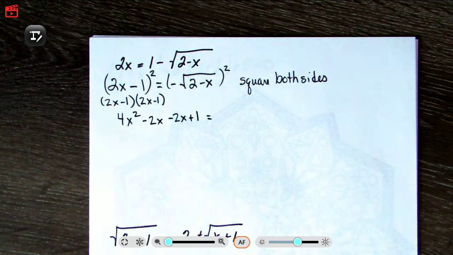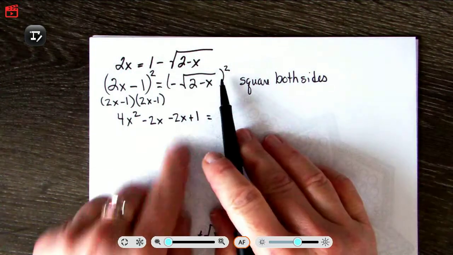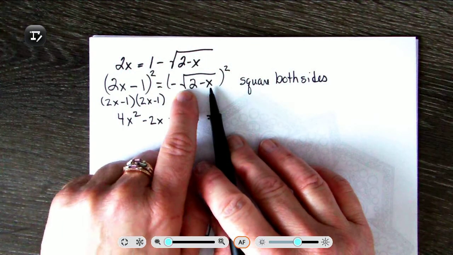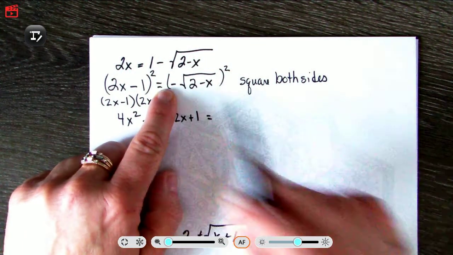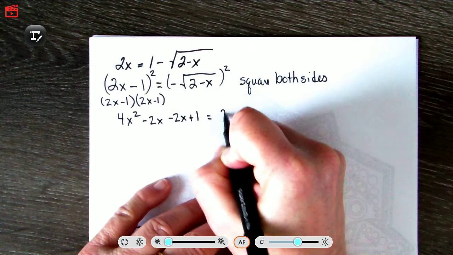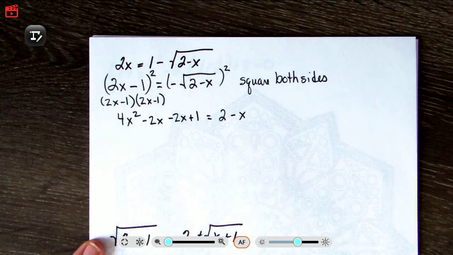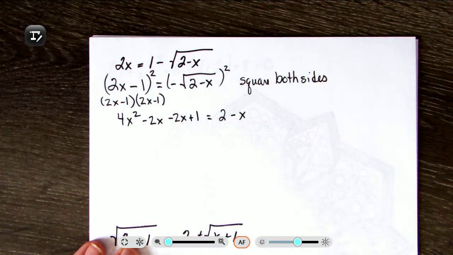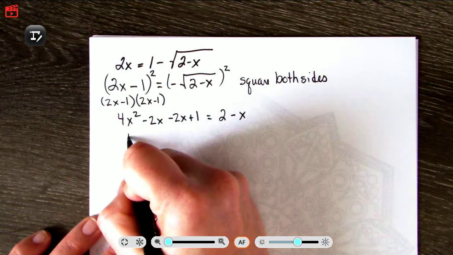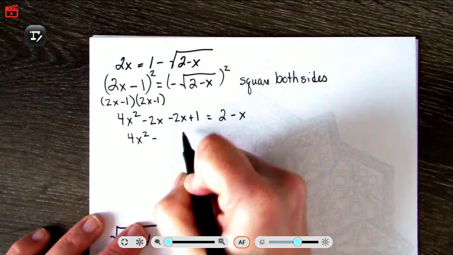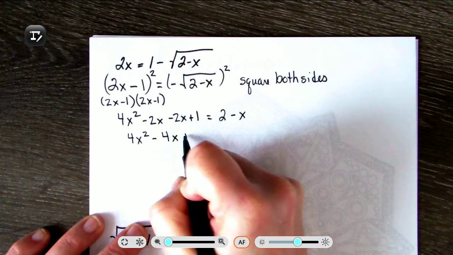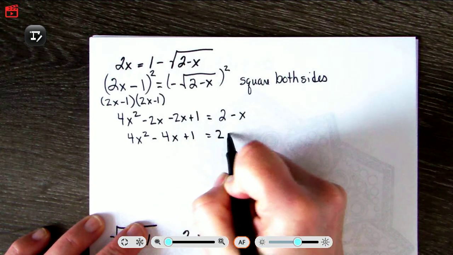So there it is, squared. Squaring a square root lifts that radical. Squaring the negative makes it positive. So this side just becomes 2 minus x. It is a quadratic, so I'm going to combine my like terms first of all. So I get 4x squared minus 4x plus 1 equal to 2 minus x.